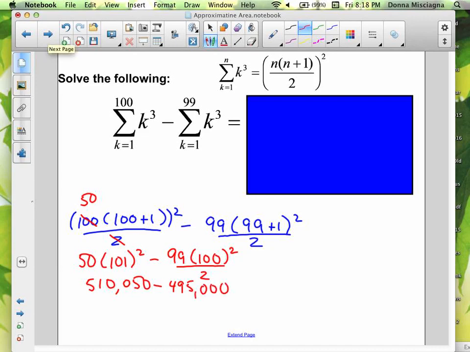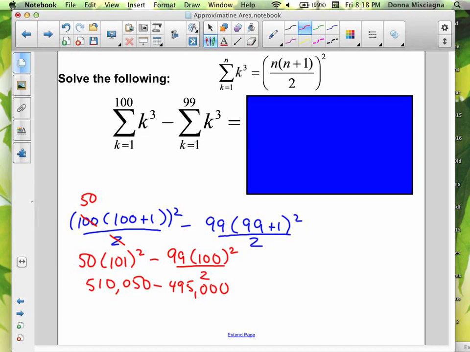So our final sum is just going to be, well, if I add another 5,000 here, that would be 500,000. So it looks like it's going to be 15,050. It's really late, so I'm really tired.